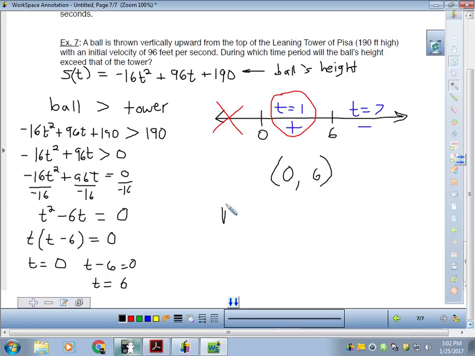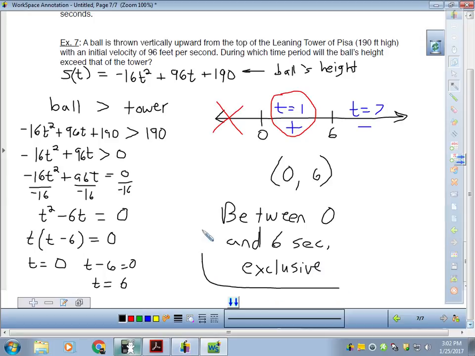If we wanted to write it in words, we would say between 0 and 6 seconds, and then we would say exclusive. It's exclusive because we don't want to include the 0 and we don't want to include the 6. So any time between 0 seconds and 6 seconds, that ball is going to be higher than the tower. After 6 seconds, it'll be below the tower.